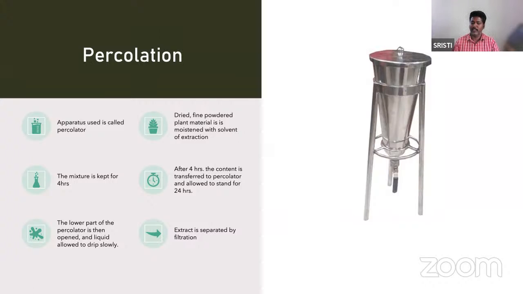Fine dried plant material is moistened with a solvent of extraction and kept for 4 hours. And after 4 hours, the content is allowed to stand for 24 hours. And then the lower part is opened and the liquid is collected. Okay. The collected extract is then filtered to get a pure compound.